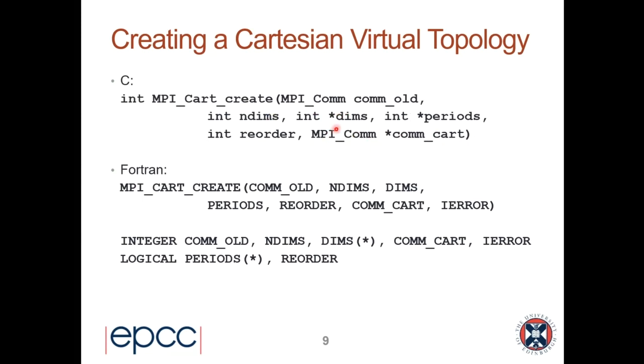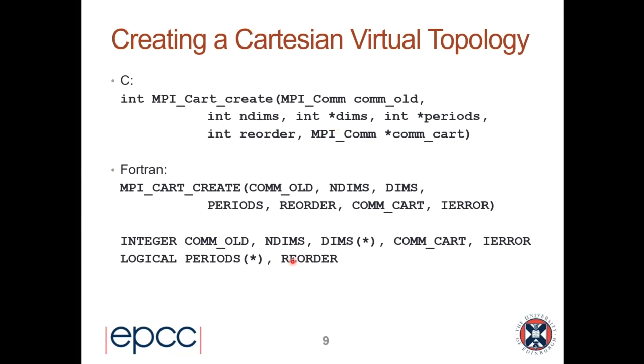So for the previous example, it would be MPI_COMM_WORLD, 2, 3, 4, 0, 1, reorder equals true or false, and you get back a new Cartesian communicator, which you can then ask who are my neighbors up, down, left, and right.